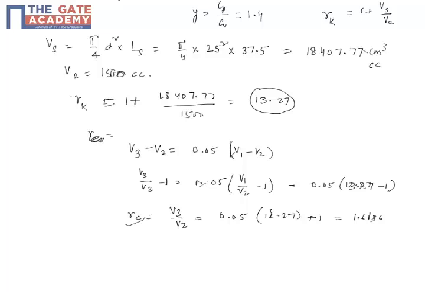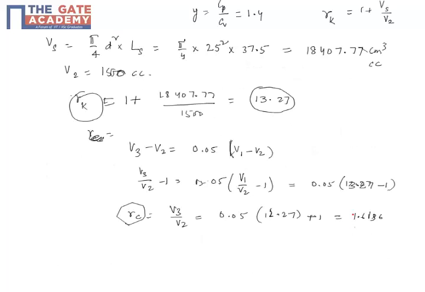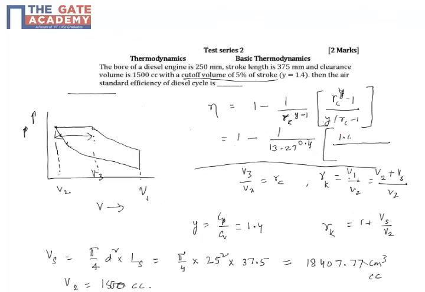So now once we have the cutoff ratio and the compression ratio, it's time to substitute everything in this equation. 1 minus 1 by the compression ratio 13.27 to the power of the specific heat ratio 1.4 minus 1, which is 0.4, multiplied by the cutoff ratio 1.6136 to the power of 1.4, minus 1.